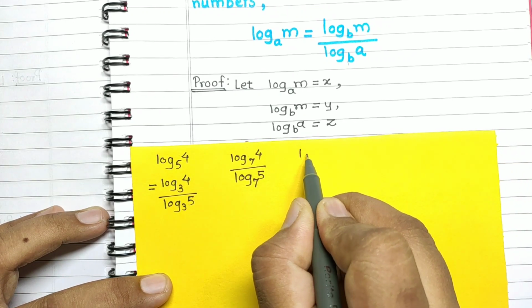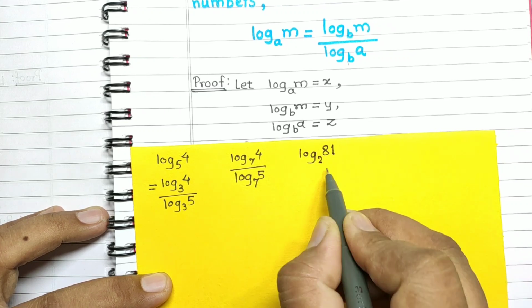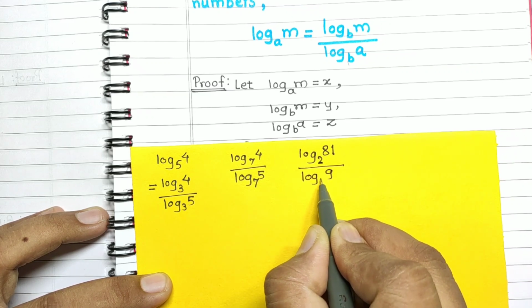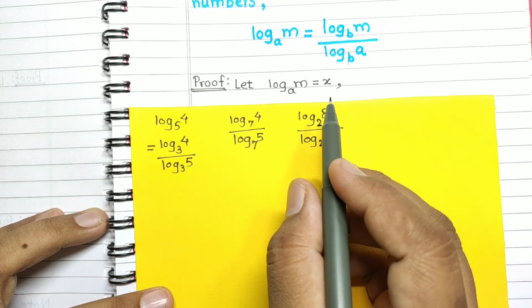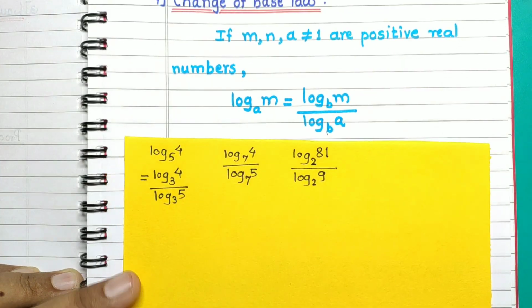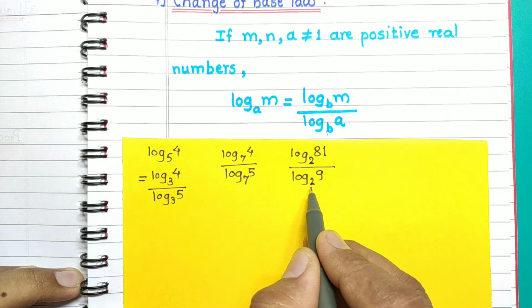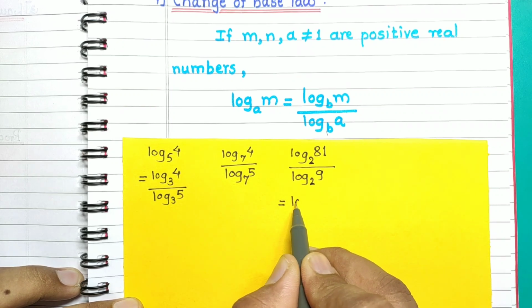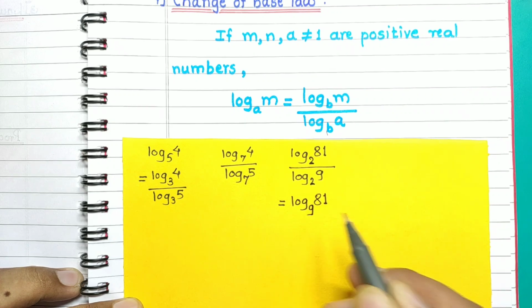Also, see one more example. If we have terms like log of 81 to the base 2 upon log of 9 to the base 2, then we can simplify this term by using this change of base law. We observe that bases are same at the numerator and denominator. So we can write this term as log of 81 to the base 9.